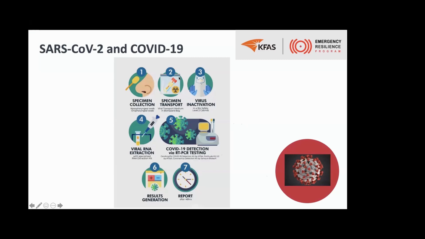And then transportation is very important because, again, we said this is a very fragile virus. So sometimes it gets denatured and you don't get a good transportation of the sample, and hence you get false negative or equivocal results, and so on.